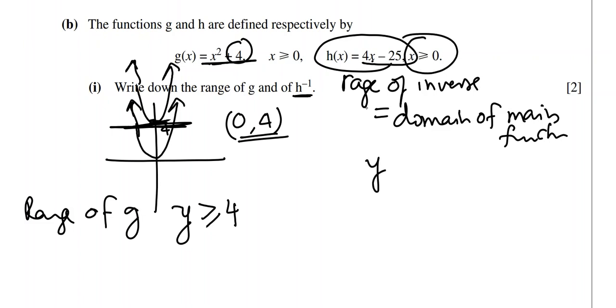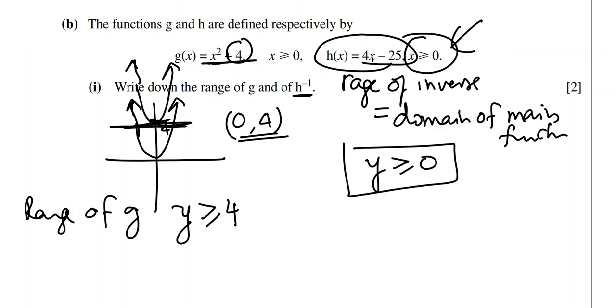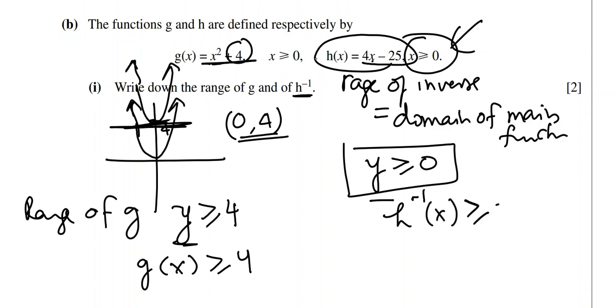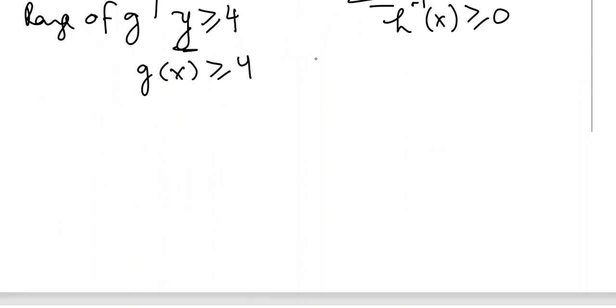So the range of h inverse will be y is greater than or equal to 0. Whatever is the domain given for h will be the range of its inverse. Both of them are y's. You can write them by their actual value. Here in this case, it was the domain of g x, so g x is greater than or equal to 4. Here you can write h inverse x is greater than or equal to 0. That is another option. Okay, let's go to the next part.